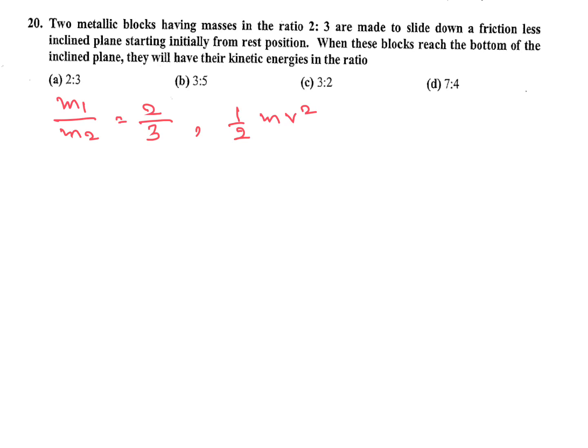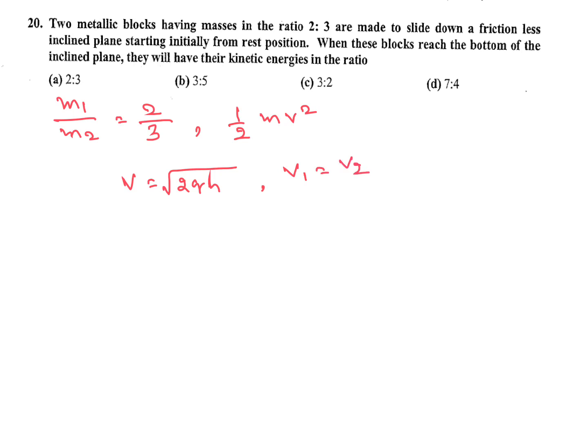Height is the same. From the same height they will start down the incline. So we know v equal to root over 2gh. So height is the same, so in both cases V1 equal to V2.